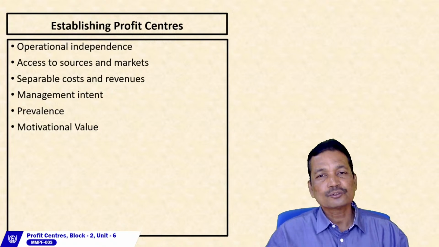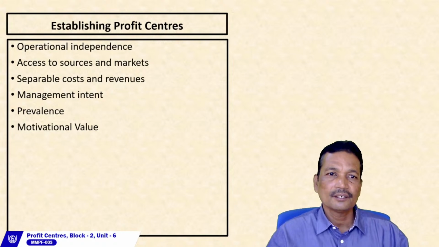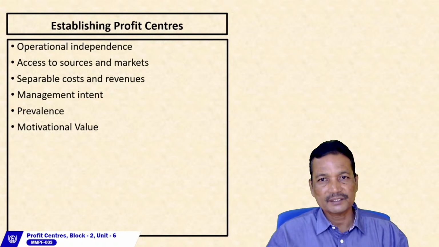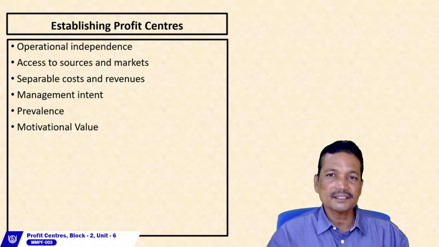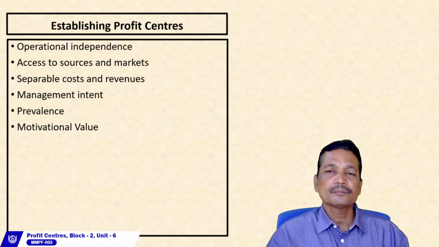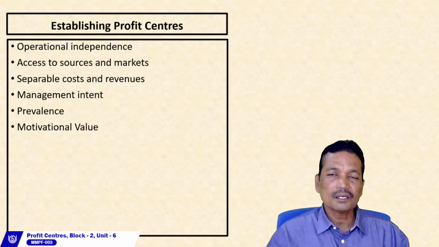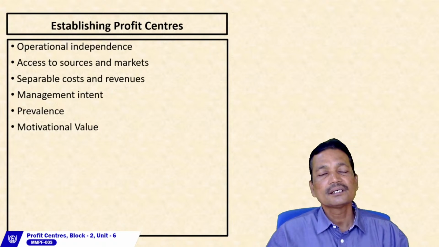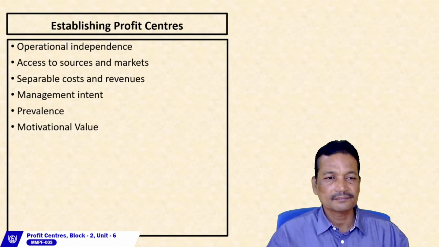The management also should have a proper intention towards establishing profit centers and should delegate the authority to the profit center managers and focus or channelize their work towards the strategic aspects.